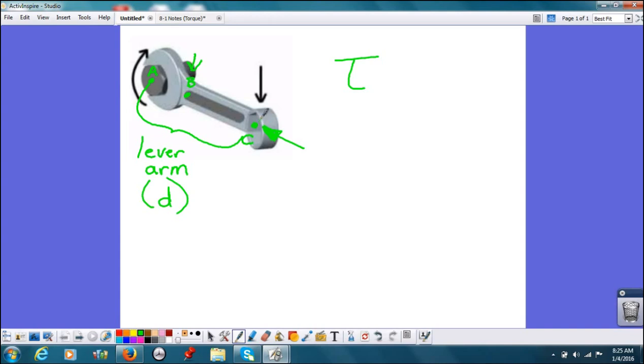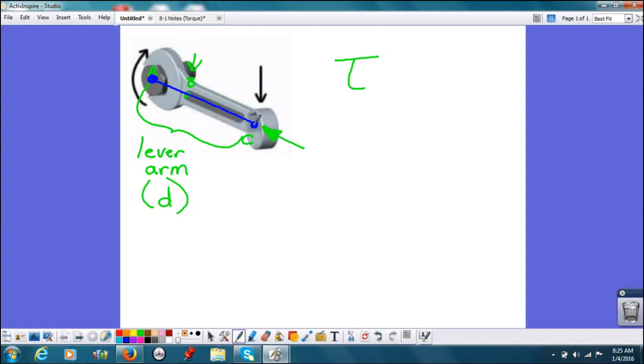So what angle are we going to use? Whenever you want the angle for the problem, you start at your axis of rotation. So I'm going to start here at the axis of rotation. Then you draw a line down the lever arm until you get to where the force is being applied.